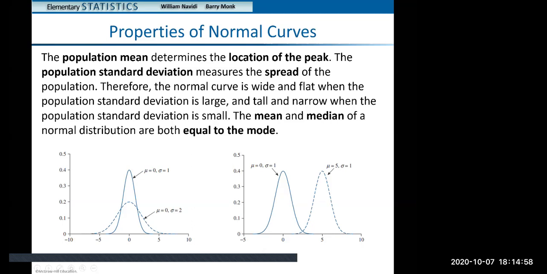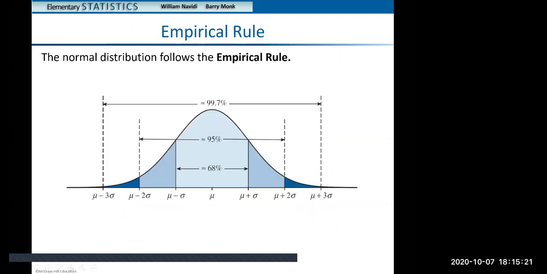The normal curve is wide and flat when the population standard deviation is large, and tall and narrow when the population standard deviation is small. Again, as I mentioned earlier, the mean, median, and mode are all equal for a normal distribution.